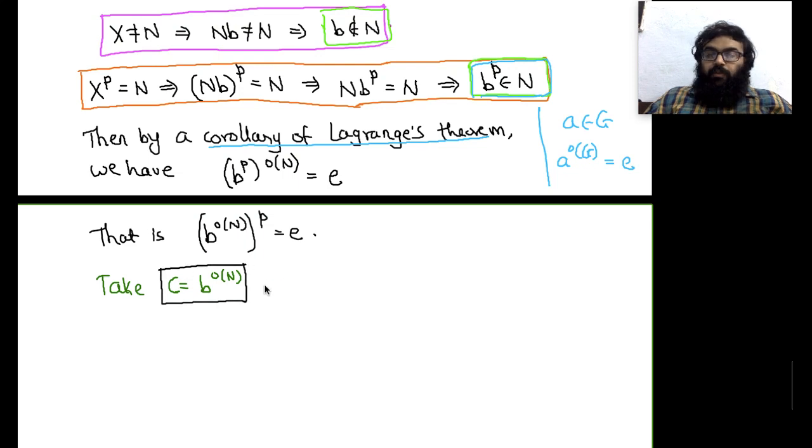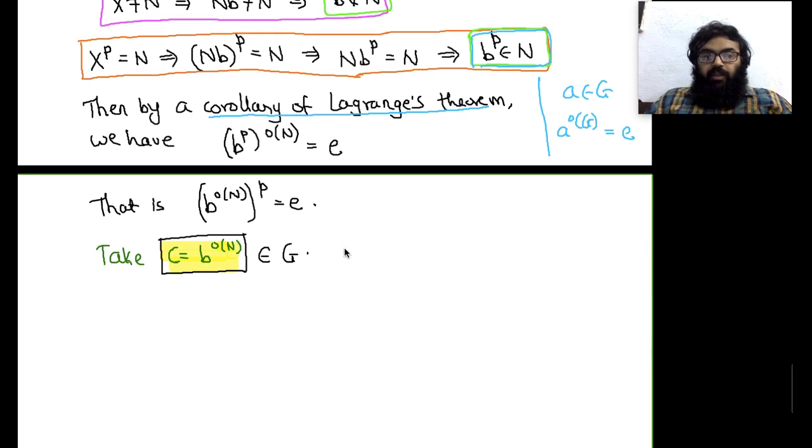B belongs to G, so b power order of N, b taken order of N times, belongs to G. This is the one which we are looking for. C equals this, and so C belongs to G.